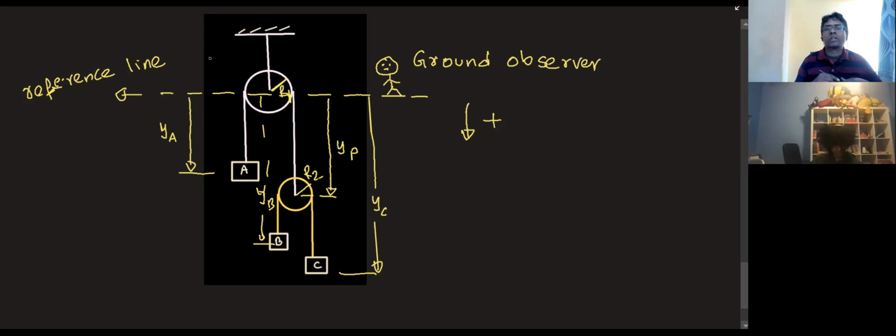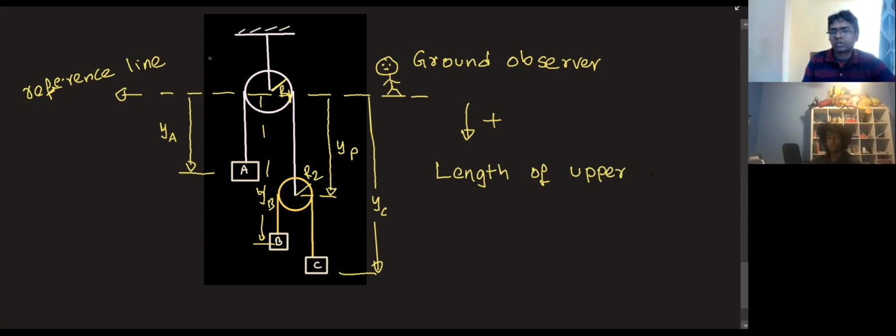With this information, I'm going to write the length of the upper string, and let's call that L1.